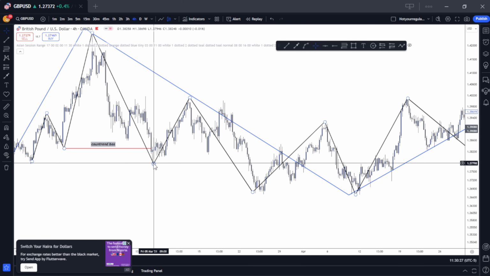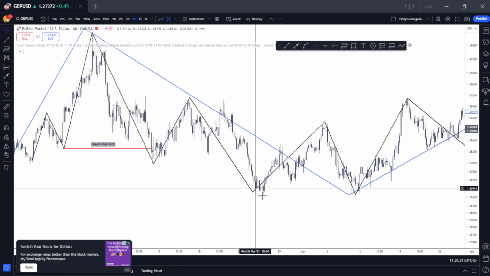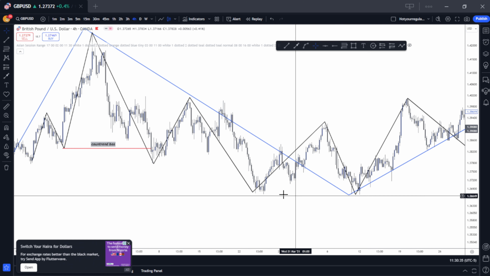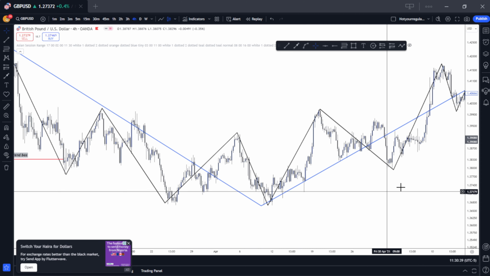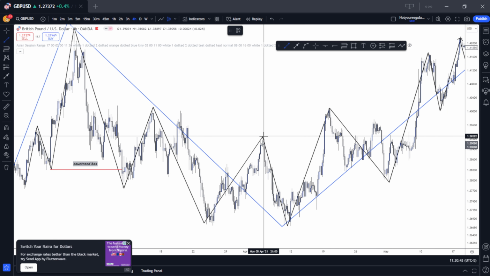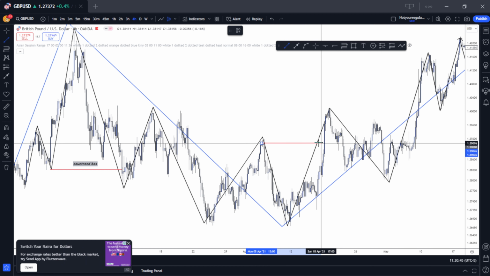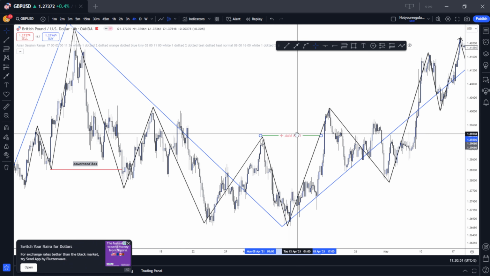So after this BOS, you see price still came back up, giving us lower highs, lower low, lower highs, then a new equal low, because these two lows are equal. Then we broke structure, which is our pro-trend BOS. And what is our pro-trend BOS?